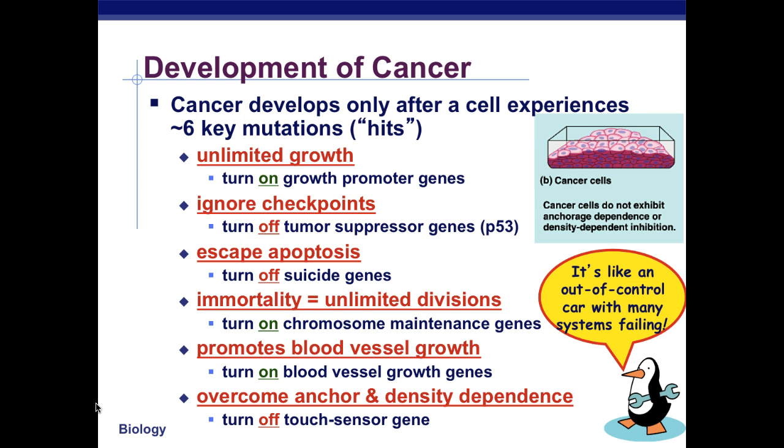And also cells overcome the anchorage and density dependency factors. So you turn off the sensory gene, so cells are no longer paying attention to density dependency and will just rapidly overgrow, or anchorage, they don't need to be attached to anything to continue to grow. So pretty much cells are out of control and doing whatever they feel like and rapidly growing.